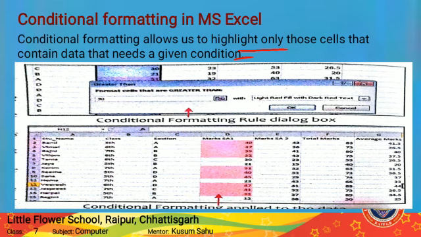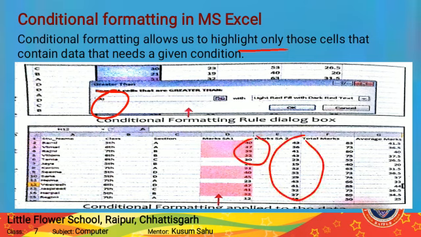For example, if we write 30 in this box, 30 related numbers will be highlighted automatically here. If we enter 40, the 40 related marks are highlighted here automatically. For example, if we write here 20 marks, the data whatever is more than 20 will be highlighted automatically here.